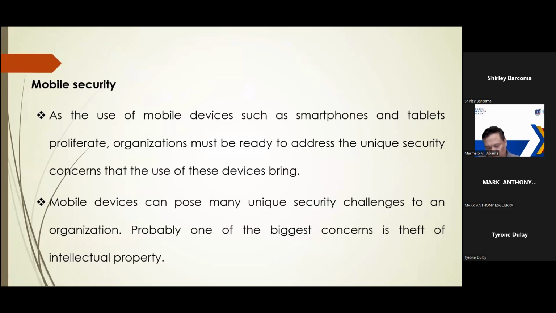Probably one of the biggest concerns is that of intellectual property. Creating a BYOD, or Bring Your Own Device, policy allows employees to integrate themselves more fully into their job and can bring higher employee satisfaction and productivity.